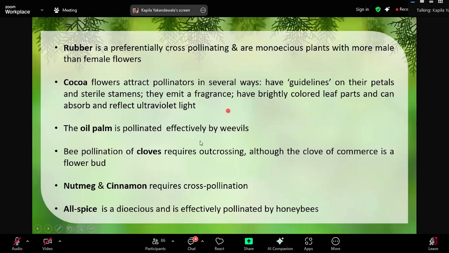But usually for plantation crops and other cultivated plants, cross-pollination is not desirable, and we don't care about it because we consider only the harvest. To get a uniform harvest, most of the time we use either vegetative propagation methods or selfing to produce seeds, right? But if you want to improve crops, this is very important.